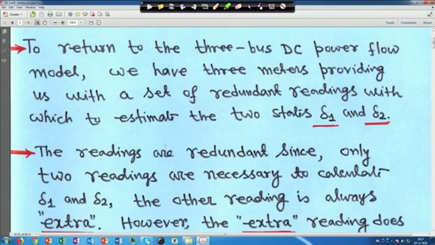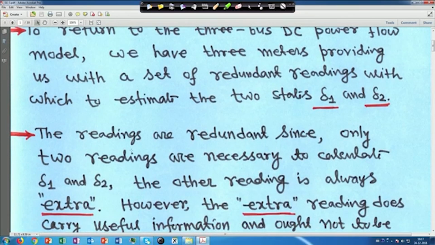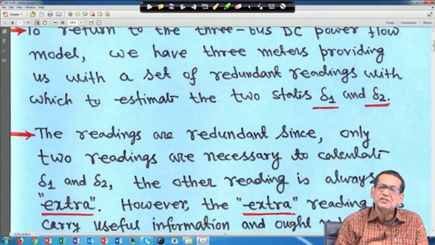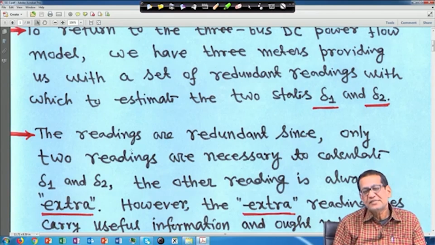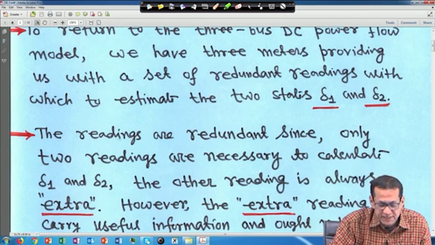The readings are redundant, since only 2 readings are necessary. You have 3 readings, but in every case we found that 1 reading is actually not necessary, but we have to find some methodology such that we can consider all the readings and get the best estimate of delta 1 and delta 2, right.